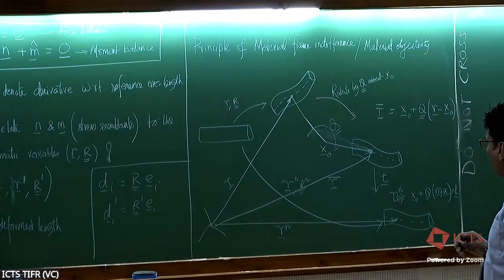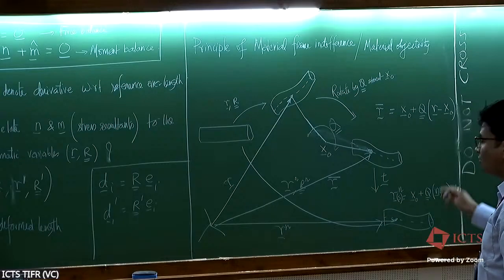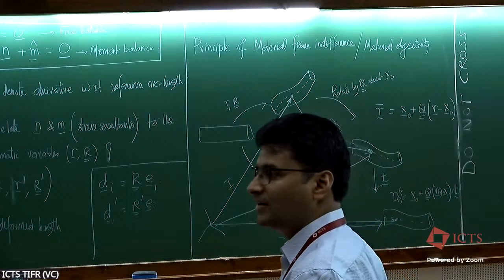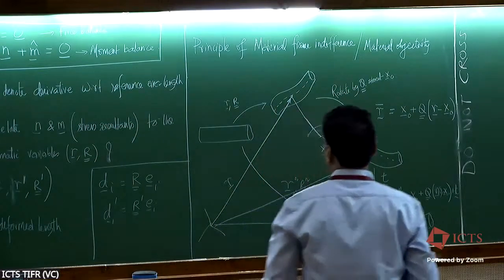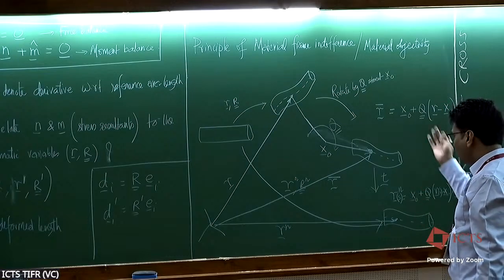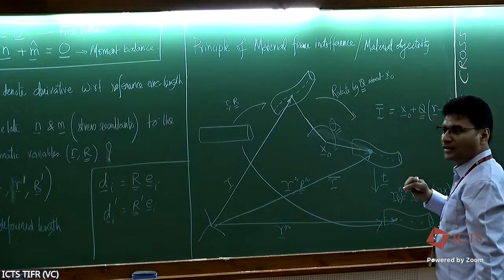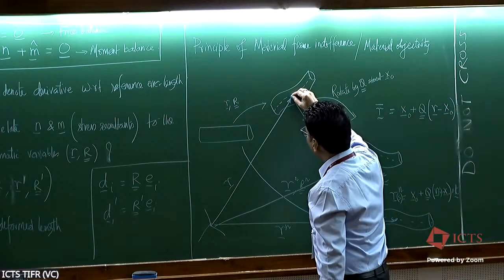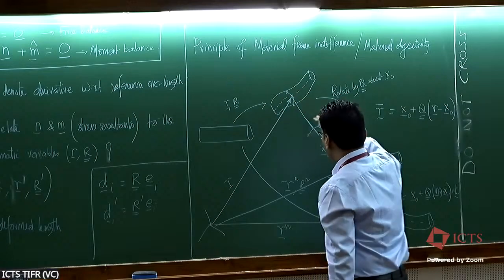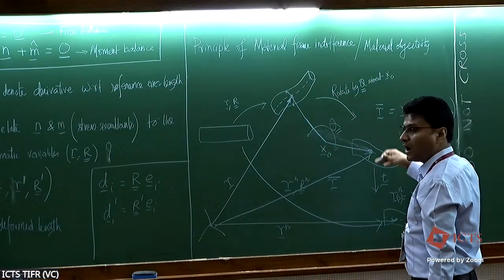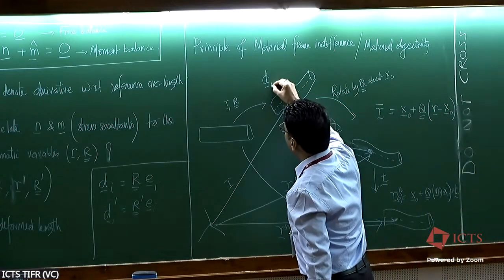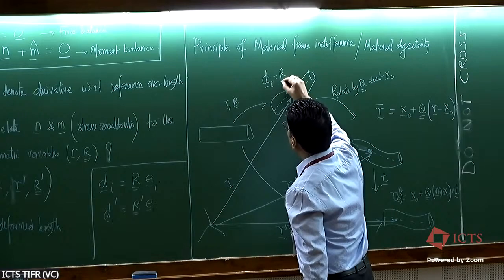Can you think of what will be big R new? We got small r new, but what will be big R new? What do you think? To find that, maybe think of how the directors are moving. So you have directors here, di, which has become di bar here. Okay, so here your di is big R ei.